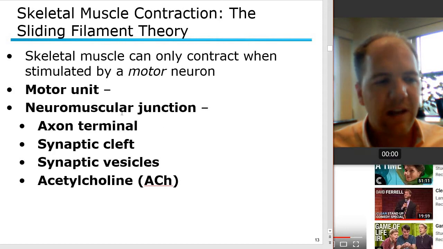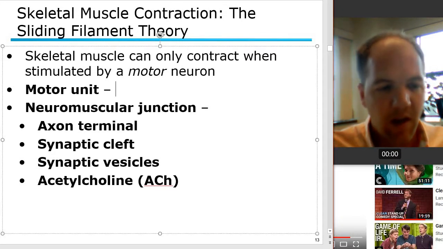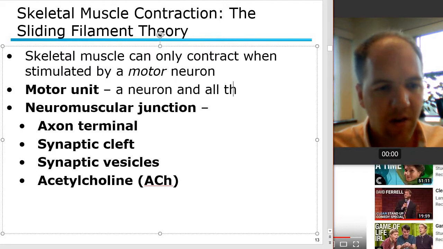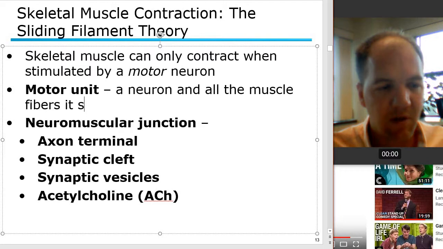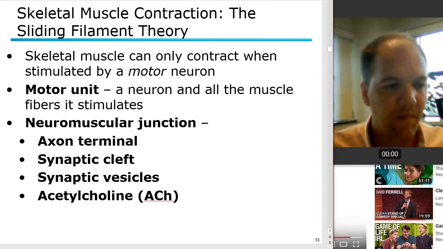And that's what we're going to look at now, the neuromuscular junction. Before I look at that though, the motor unit is a neuron and all the muscle fibers it stimulates. So let's look at a picture here.